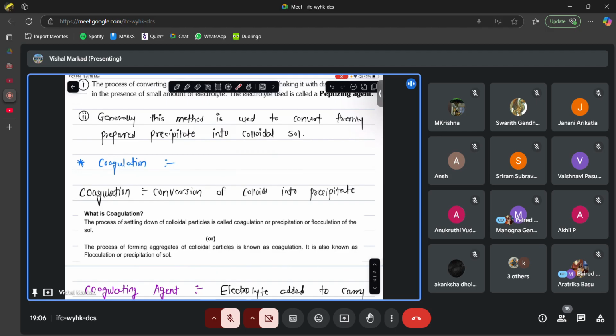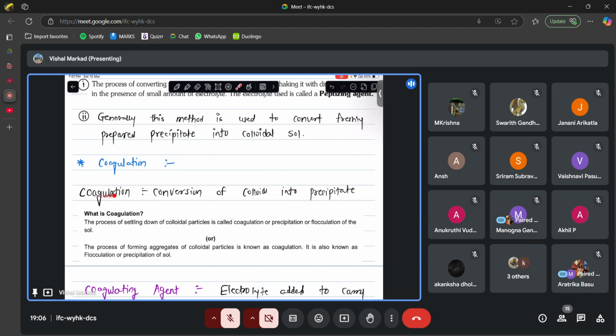Now look here. What is coagulation? Coagulation is also called flocculation. Conversion of colloids into precipitate is called the coagulation process. What is happening in colloids? In a colloid, disperse phase particles are in continuous movement.